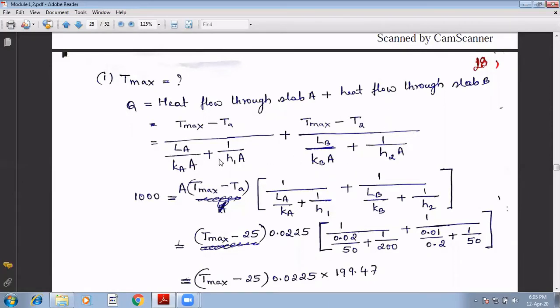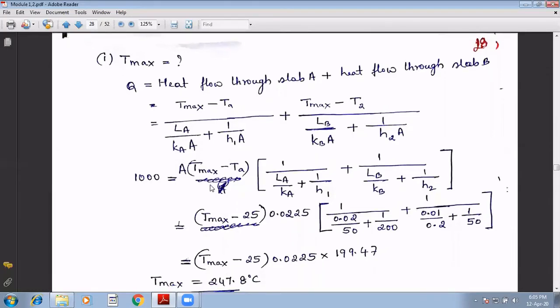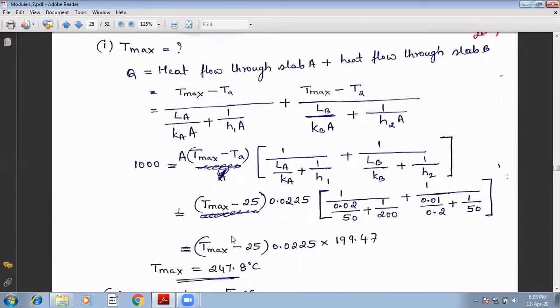Now area is known to you, 15 by 15. You take it out and calculate the fraction of this. So this comes out to be 199.47 multiplied by the area, multiplied by T max minus 25, because that is the air temperature.